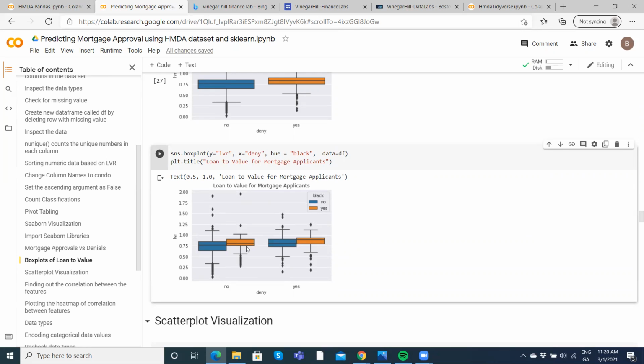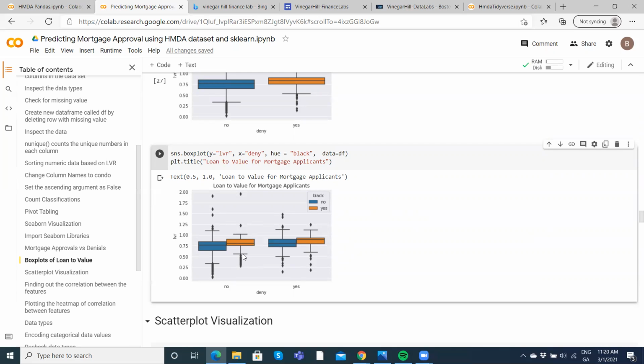So the median LVR for African American Latino is a bit higher. Now that might suggest that there isn't an explicit racial element, that when we control for credit risk, the banks are actually accepting higher credit risk from those populations and still lending.